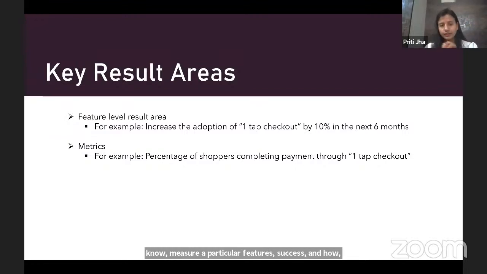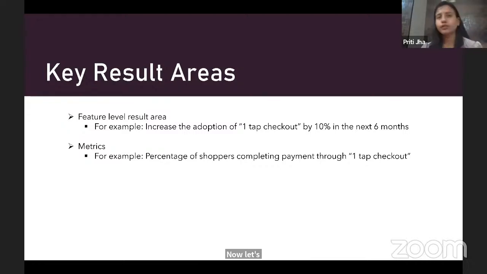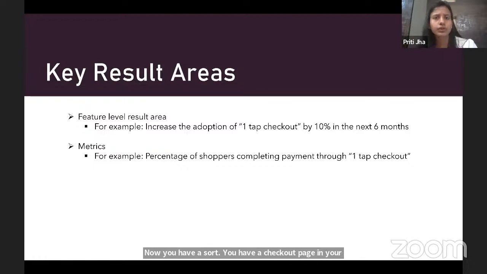Now, let's say you have an e-commerce platform, or you have a food delivery app. Now you have a checkout page in your food delivery app, or on your e-commerce platform, wherein you implemented a certain new feature. For example, you implemented a one-tap checkout button, wherein if the user just taps it once, the money gets deducted from the user's wallet directly, given that there is money in the user's wallet.